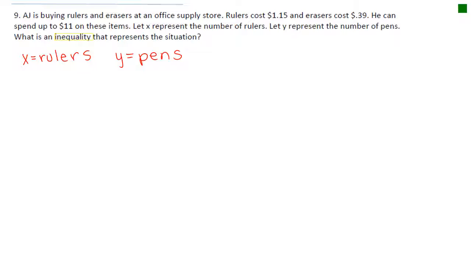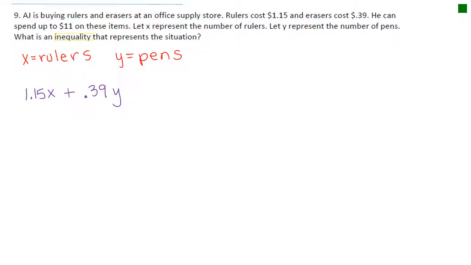So how we would write that, it's just going to be $1.15 times x. If we get two rulers, we'll just multiply $1.15 times 2. If we were to get three rulers, we'd multiply $1.15 times 3, and so on. And then we're going to add that to how much the pens cost, which is 39 cents, so 0.39 times y.